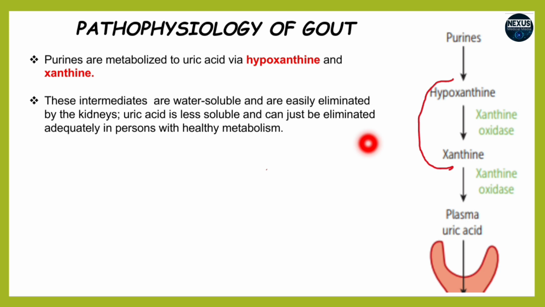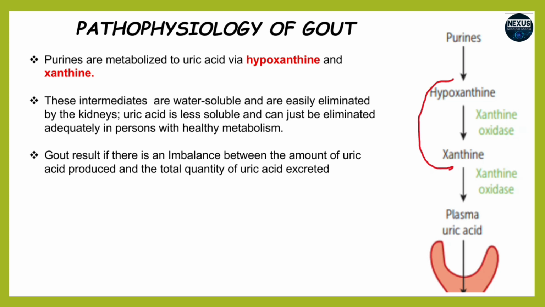So gout results if there is an imbalance between the amount of uric acid produced and the total quantity of uric acid excreted. And gout is characterized by increased levels of urate in blood, right? It's called hyperuricemia.